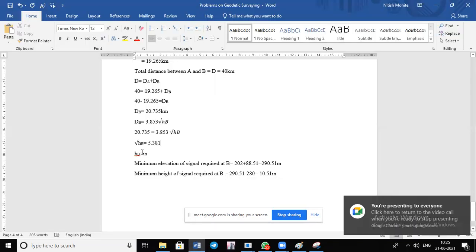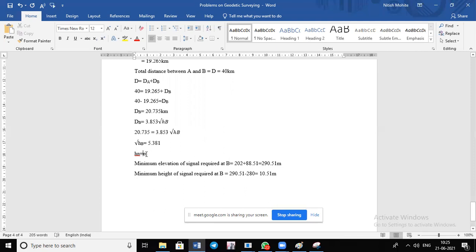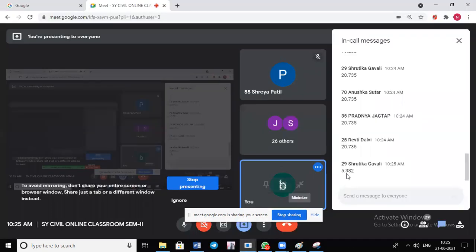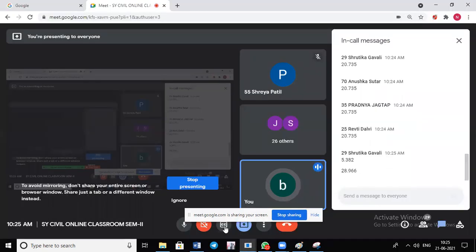How much is the value here, taking the square? 28.96. Yes, whether the value comes out to be that much. 5.382 is the corresponding, yes, 28.966.